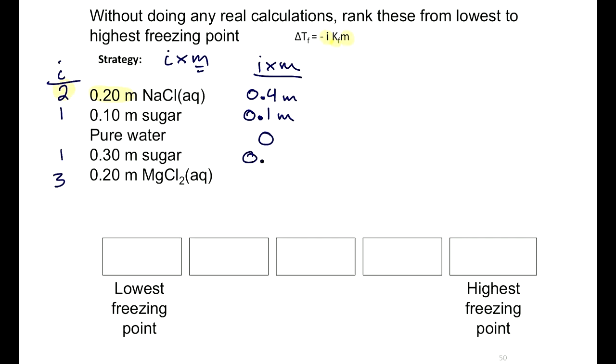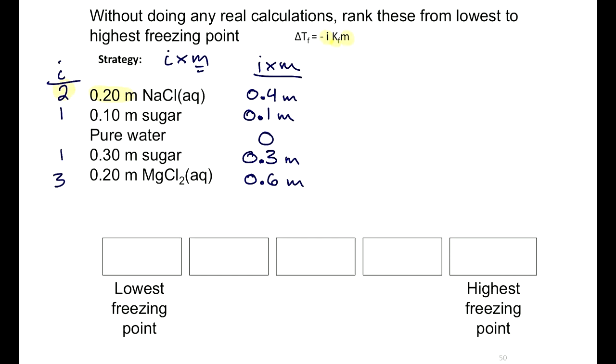The other sugar solution, also a Van't Hoff factor of 1, but it's more concentrated, it's 0.3. And then magnesium chloride is 0.6 molality. All right, so just based upon these concentrations, these are the concentrations of particles in these solutions.